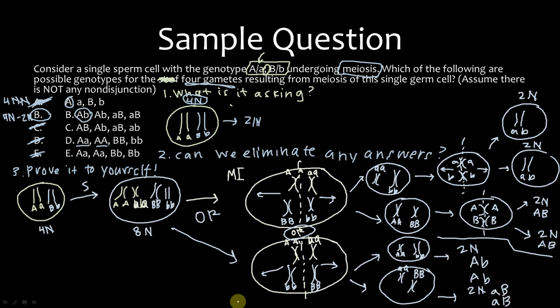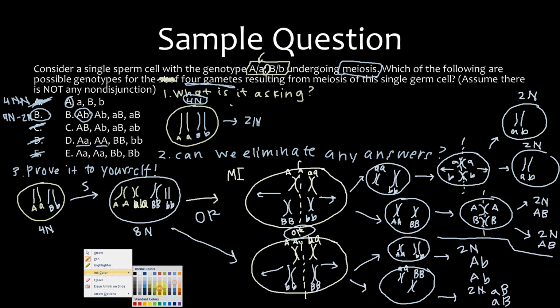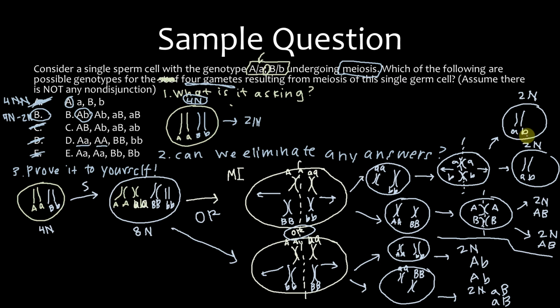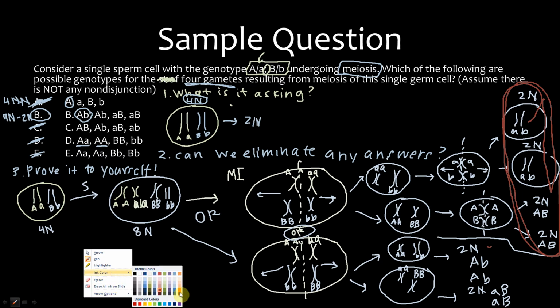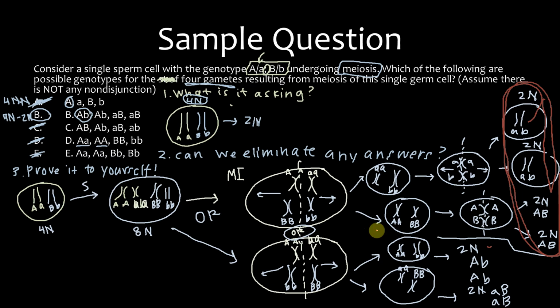So let's look at these in 2 different colors. I'm going to choose a really obnoxious color because I really want to make sure that you can see the difference. So the products of this can either be this, so that's little a, little b, big B, or this. Let's use a different color so we can really see the difference. I'm going to do this in orange. Hopefully you can see a difference here in those colors. Yeah, that's pretty good.